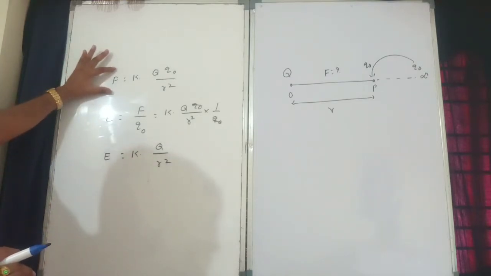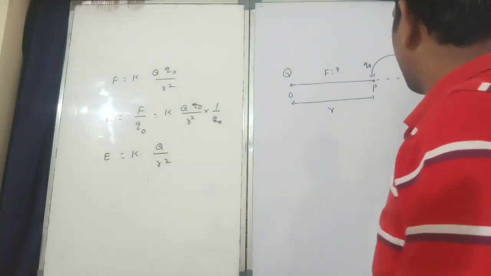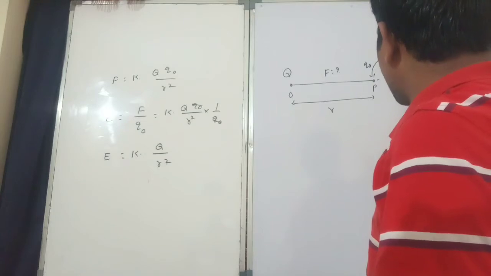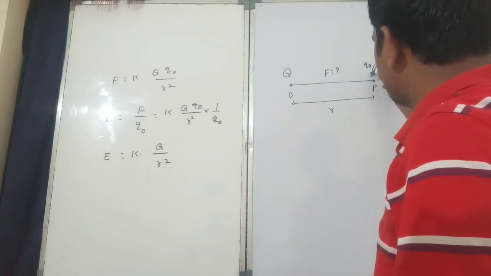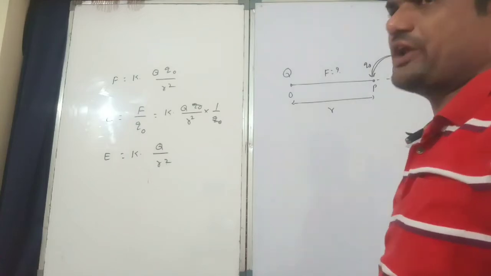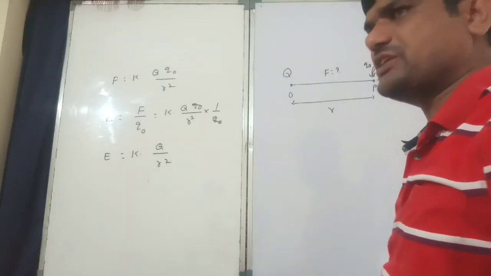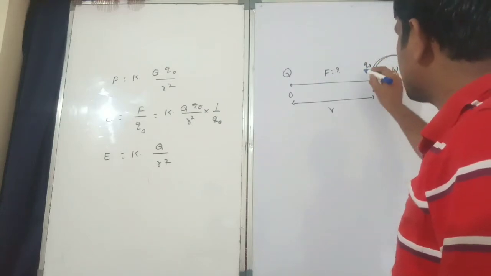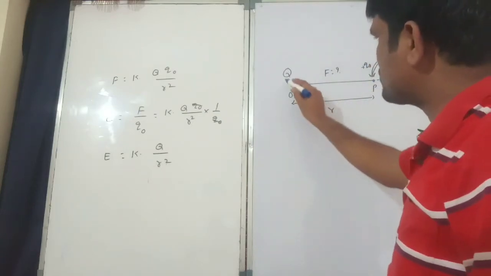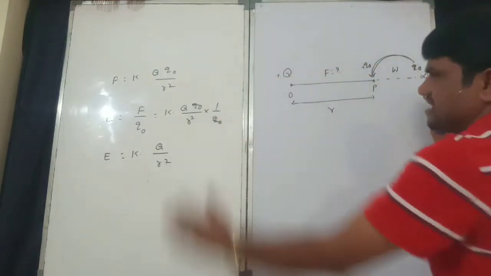Remember here, one more important point. Now I am bringing this charge from here to here. That means the required work done is known as potential. This one is positive and this one also positive, so both repel each other.